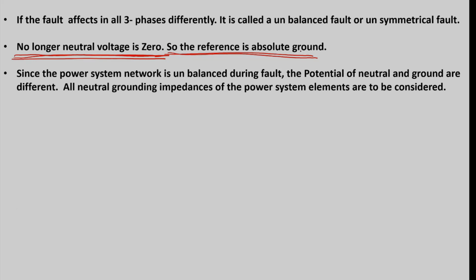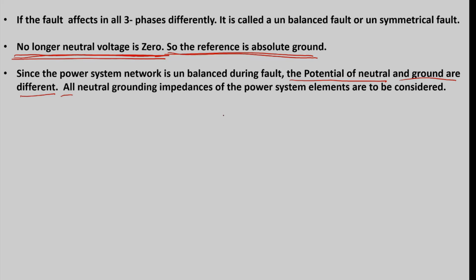Ground is the reference. So whenever the power system is balanced, neutral is the reference. If the power system is unbalanced, ground is the reference. Since the power system network is unbalanced during the fault, the voltage of neutral and ground are different. So we have to consider all the impedances that are connected between the neutral and ground.